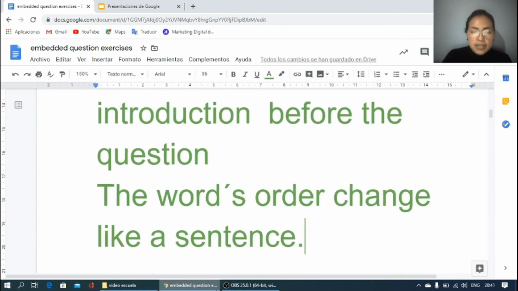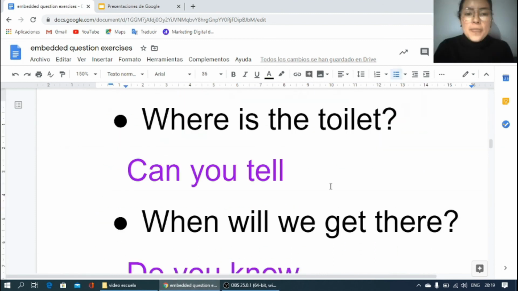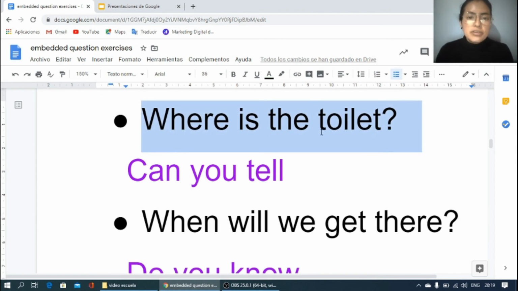And let's practice, okay? Where is the toilet? This is a regular question, or normal question. But if I want to change this question into an indirect question, I have to add an introduction. The introduction can be affirmative, negative, or a question, okay?